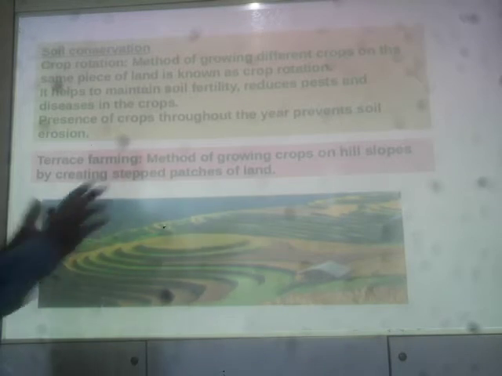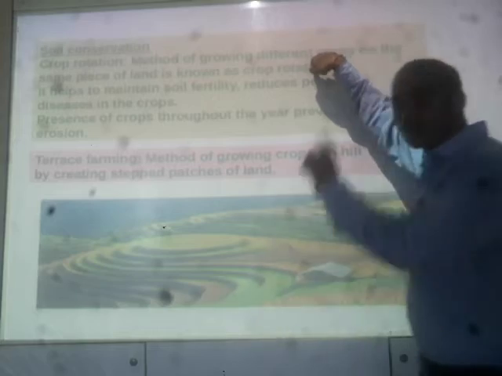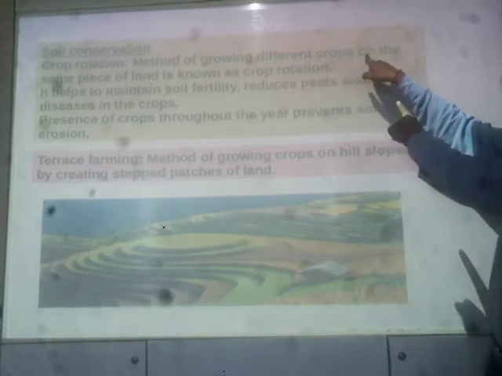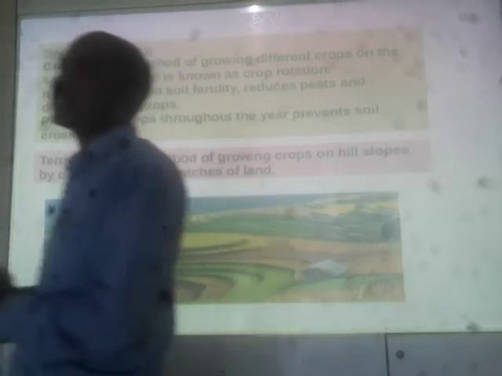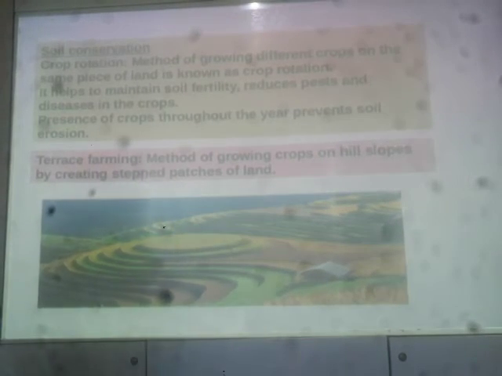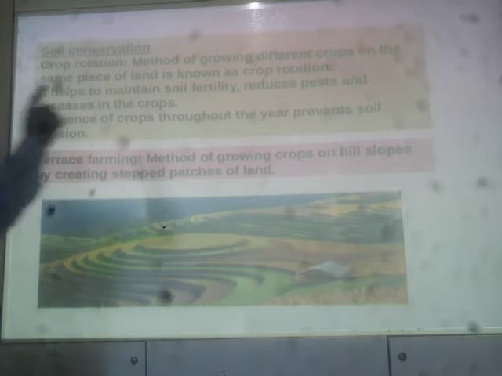So if different crops are grown on the same piece of land, then we can prevent soil erosion. This is the first technique of soil conservation, crop rotation, the method of growing different crops on the same piece of land.